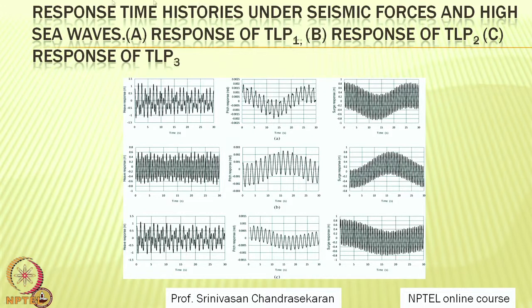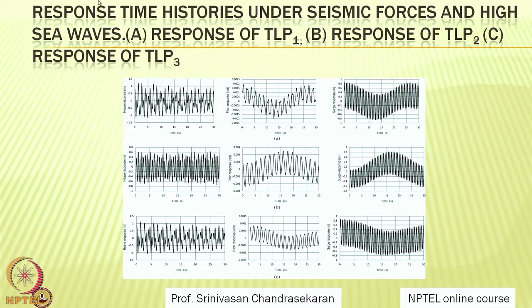So, one can see here the heave, pitch and surge response of TLPs 1, 2 and 3 respectively on the screen, under the combination of seismic forces simulated by the Kanai-Tajimi spectrum and the distinctly high sea wave simulated using the modified Pearson-Musgrave spectrum. The whole problem is solved in an iterative scheme using Newmark's beta technique as explained just now.